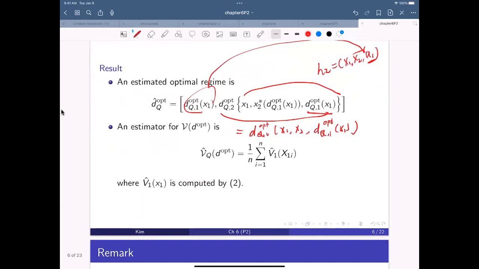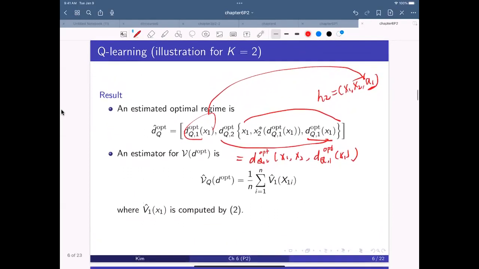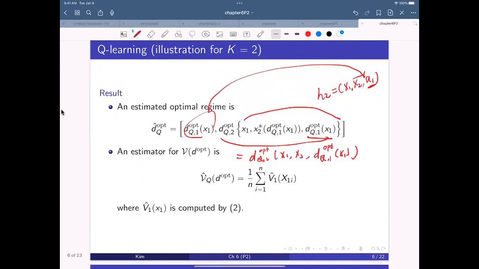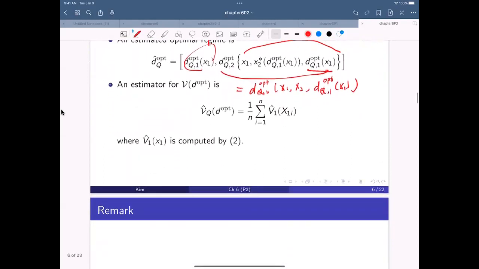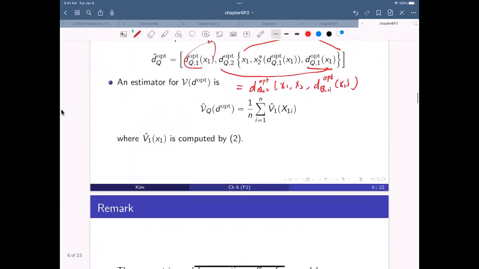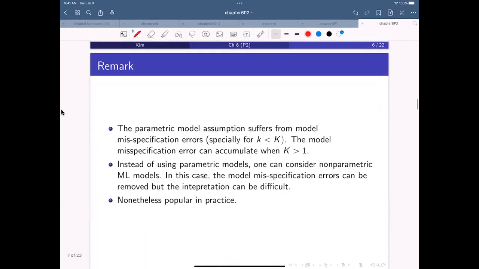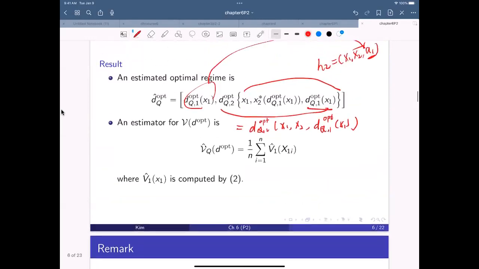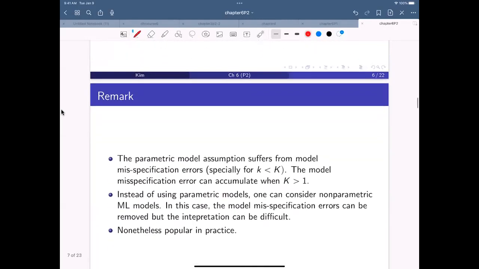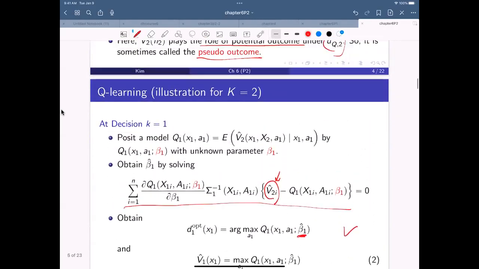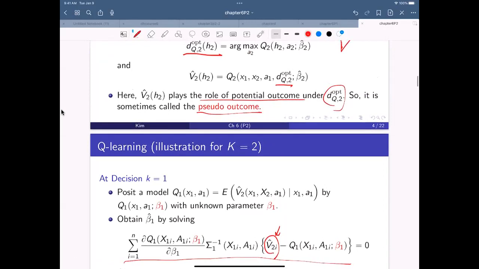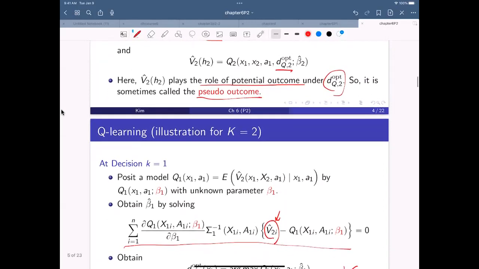Okay. And then this is just the estimate of the value under the optimal. So I think one criticism would be that maybe we need this kind of model, right?